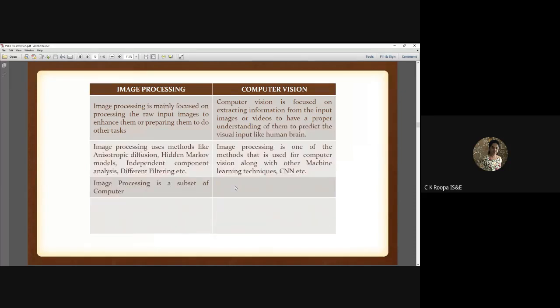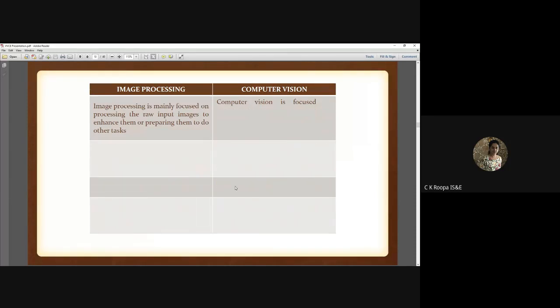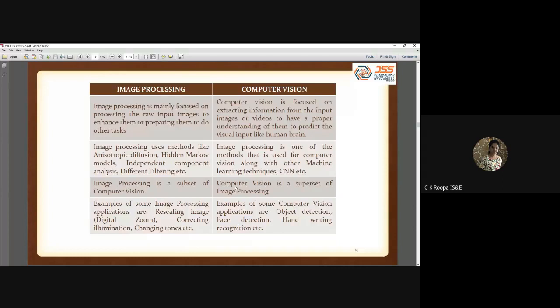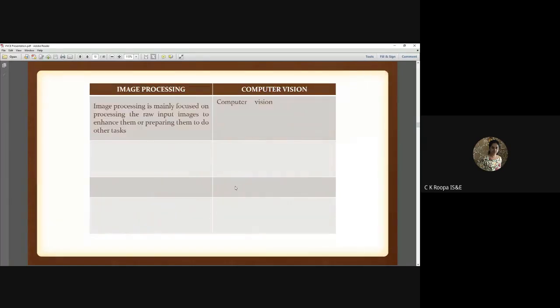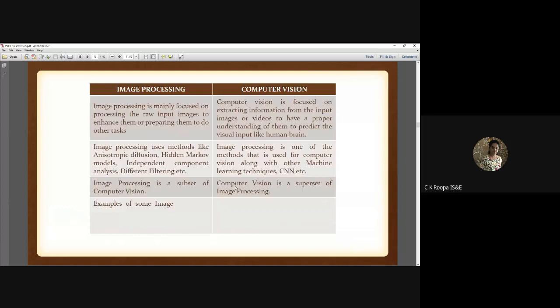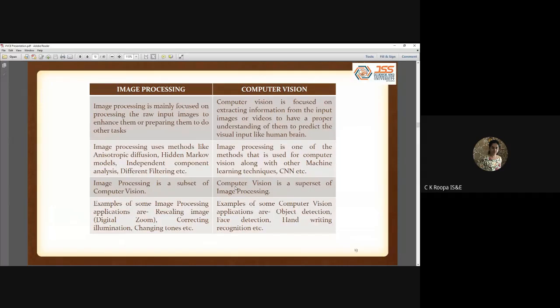We try to capture either the videos or the images, and then those images or videos are converted according to our requirement or according to the domain, right? And then we do the processing techniques, right? So that's the difference between image processing and computer vision techniques.